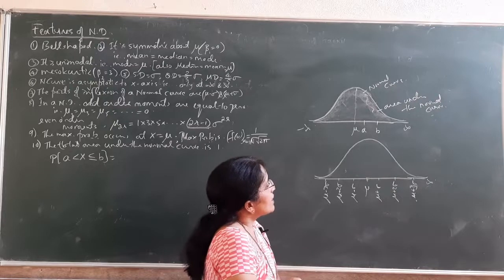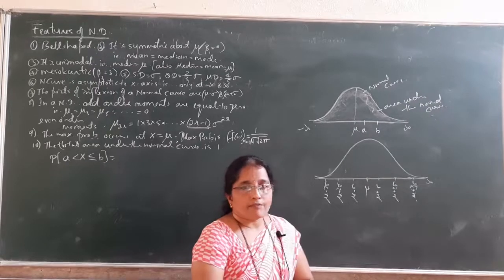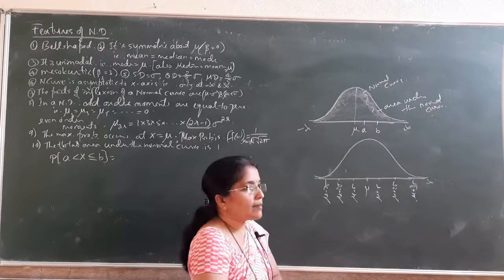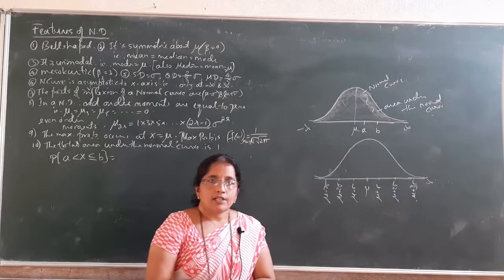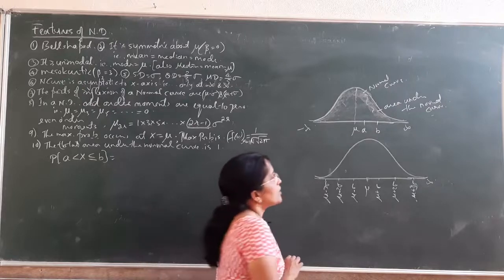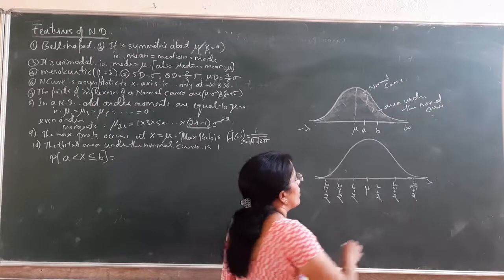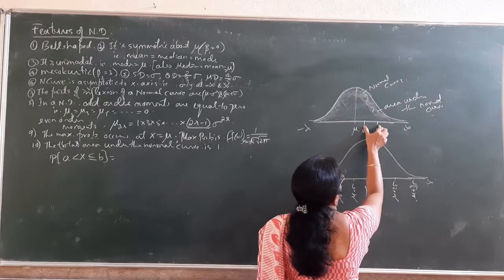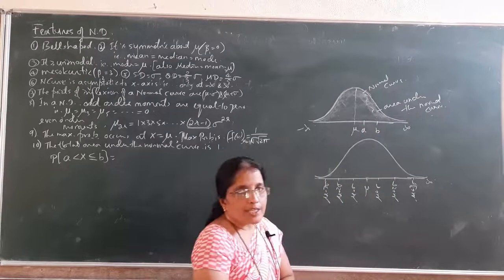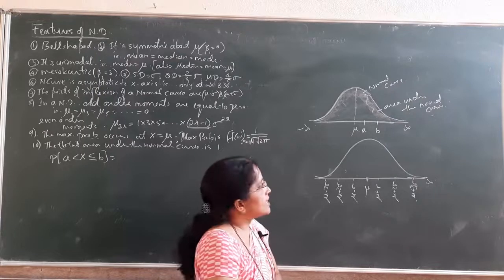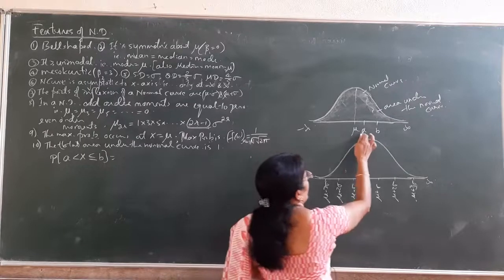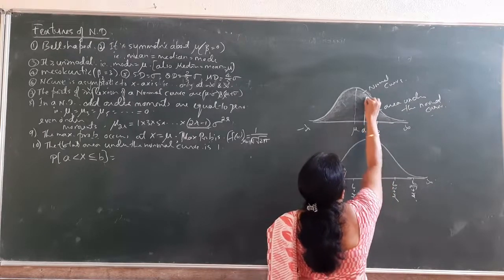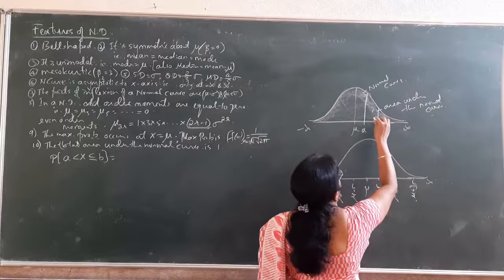Now, what are A and B? Those are the different values taken by a normal variate x. In a particular example, it may be 20, 30 and so on. Next, I want to find the probability of a normal variate x lies between these two values. How to present it here? Draw a perpendicular at those 2 points.